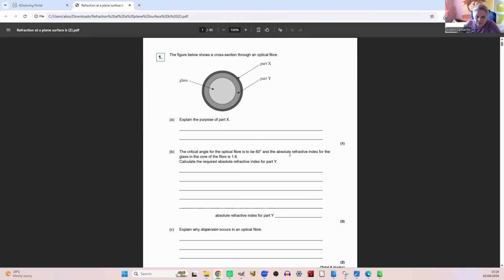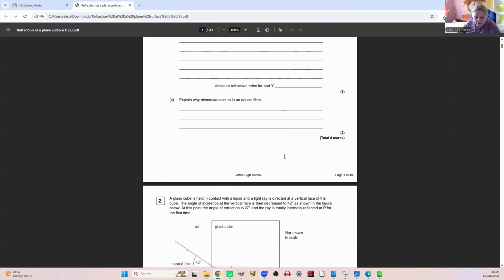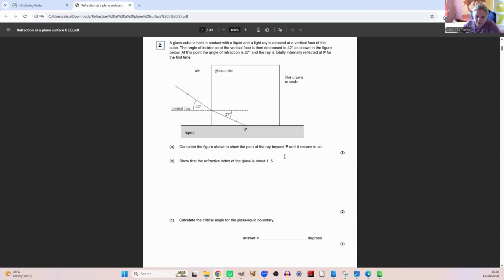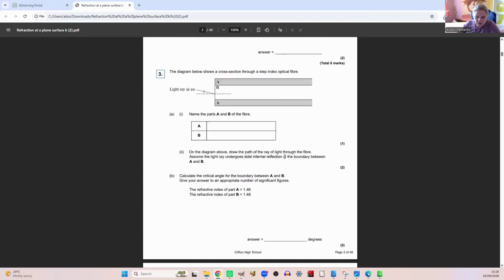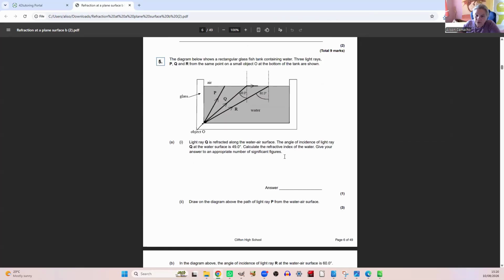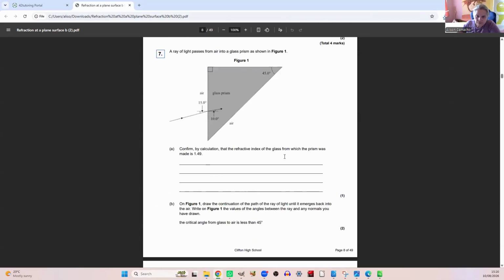Right, now this is an optical fiber. Optical fibers used to feature heavily. They feature less heavily now. This is a pretty typical question. I could go back and do that one, or that one, or that one, but I think I'm going to start with this one.